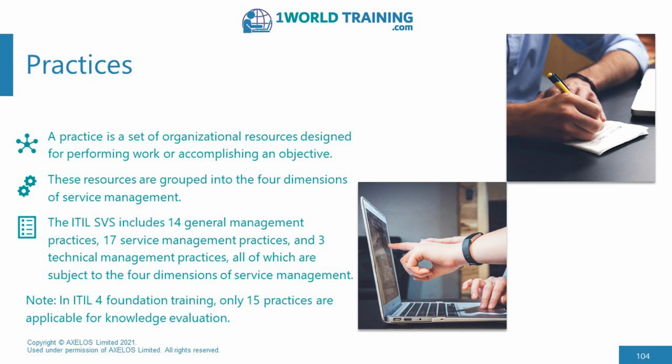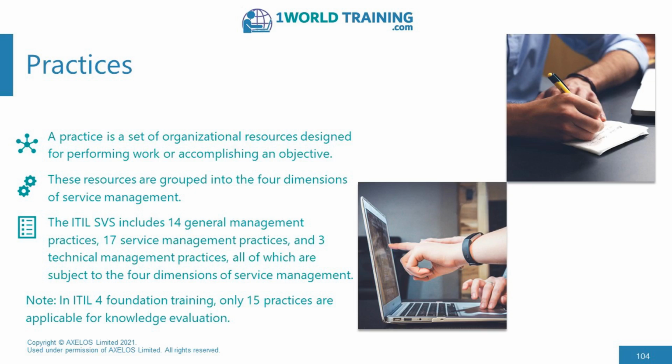A practice is a lot more than a process. So not only do we have many more of them, there are 34 practices in ITIL 4, but also each one has a much wider scope. Every practice is described in terms of organizations and people, information and technology, partners and suppliers, and value streams and processes.